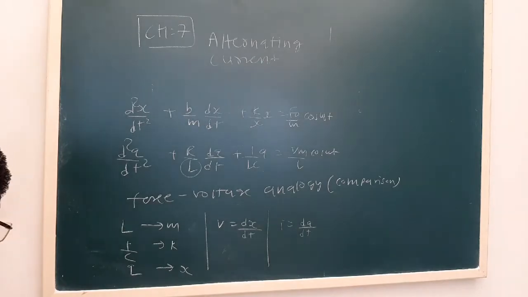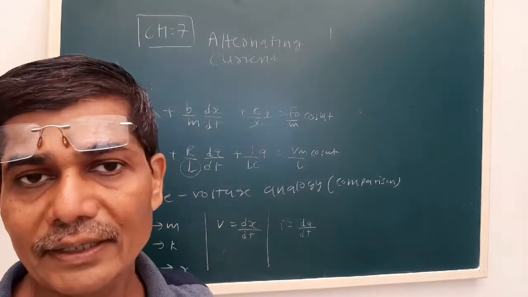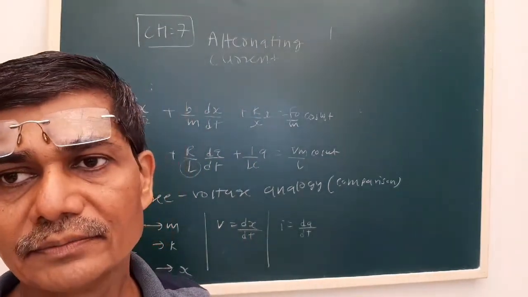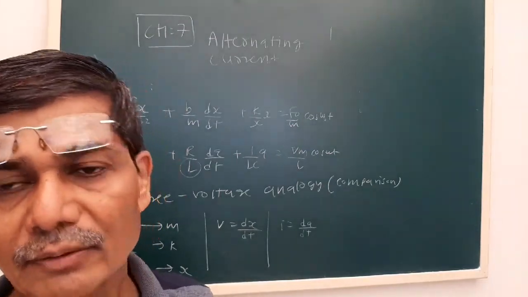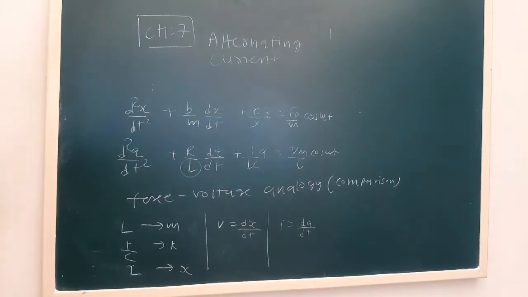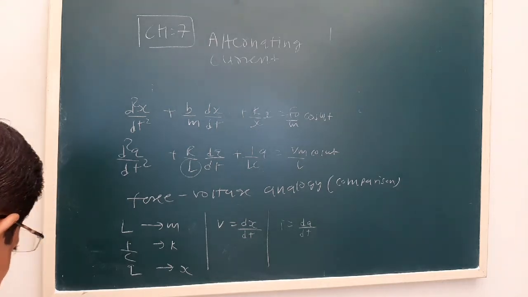In an electrical system, energy is made up of two parts. Half mv square corresponds to the energy of the capacitor, and 1 by 2 Li square is the energy of the inductor. So this is how we can correlate the mechanical and electrical systems.